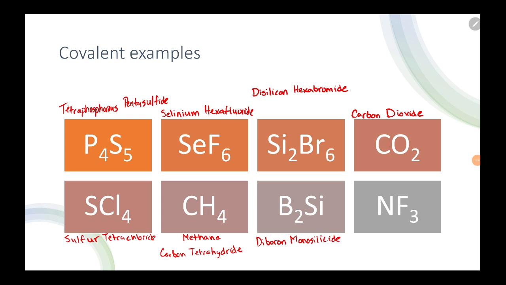The last one we see there is NF3. We will write the word nitrogen because N is the symbol for nitrogen. We won't include mono when it's only 1 on the starting element. And tri indicates there are 3 fluorines there. Nitrogen trifluoride is the correct name for NF3.